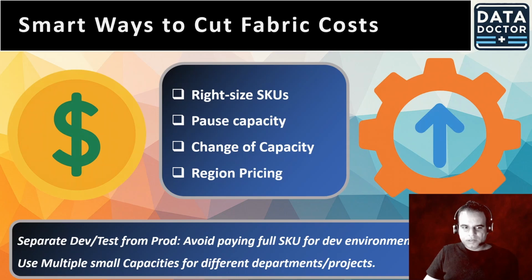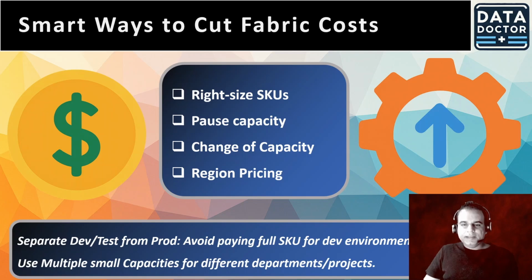For example, instead of choosing one large capacity and using all the environments in there, it is better to choose small capacity and make multiple capacities. And this holds not only for dev, test and prod environments, but also, for example, if you are dealing with different departments and projects, this will also be a good strategy to cut the cost.